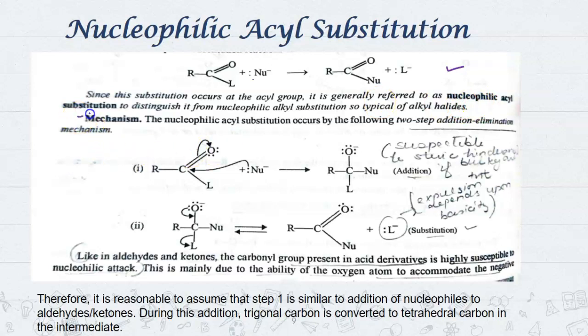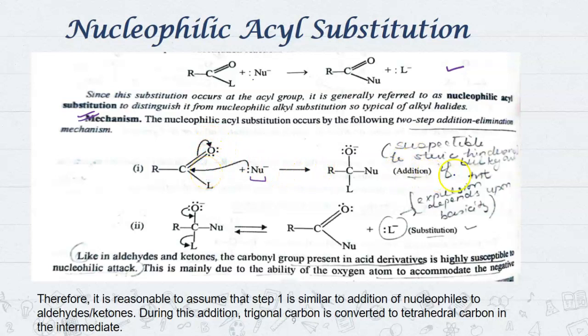Alright, so proceeding to the mechanism, what is going to happen? Basically, this is a two-step addition-elimination mechanism. Your nucleophile is going to attack your electrophilic carbon like that, and this bond will shift its electron density to the oxygen, because oxygen is more electronegative.